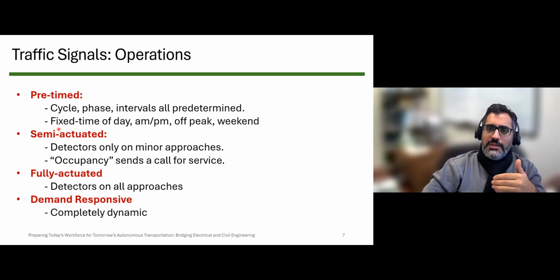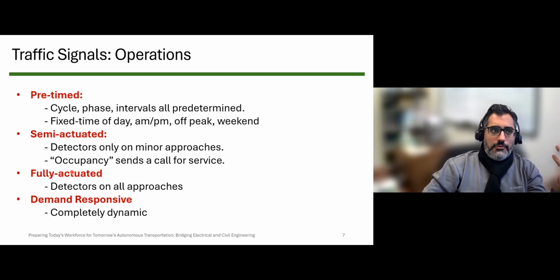Semi-actuated means that we only detect vehicles on a minor approach. So imagine we have a major street, a big street with more lanes, intersecting a minor street. Now, green by default is given to that major street. But if there is a vehicle on the minor street, that would be the time to give right of way to those vehicles to cross the intersection. Versus fully actuated, that is if we have two major streets, two arterials.